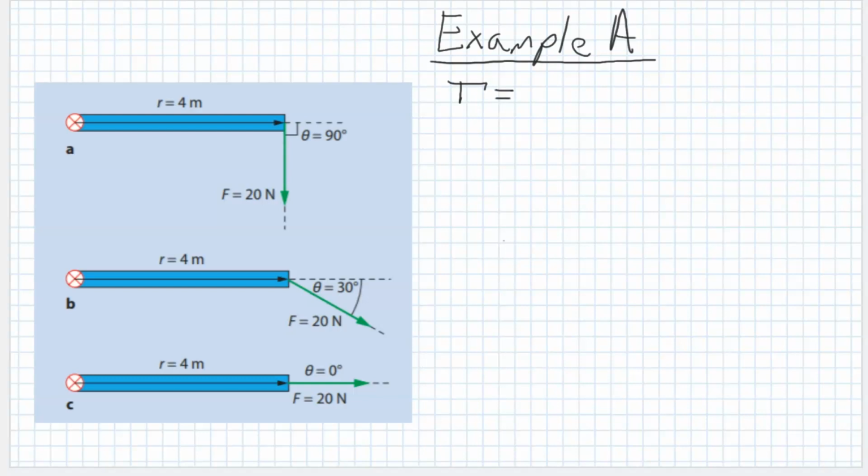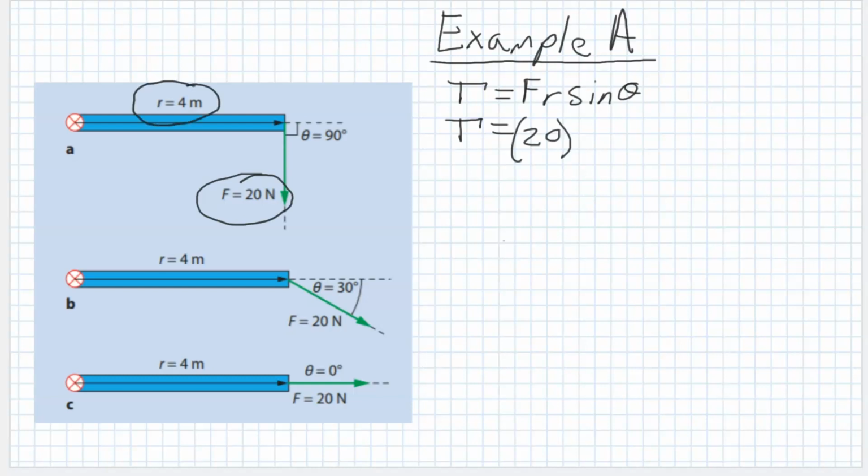So we have torque is equal to the force times the distance to the axis times the sine of theta. The force that we're applying is 20 newtons, and it's acting 4 meters from the axis. The angle between the line drawn from the axis to the force and the direction the force is acting is 90 degrees, which makes our torque 80 newton meters.